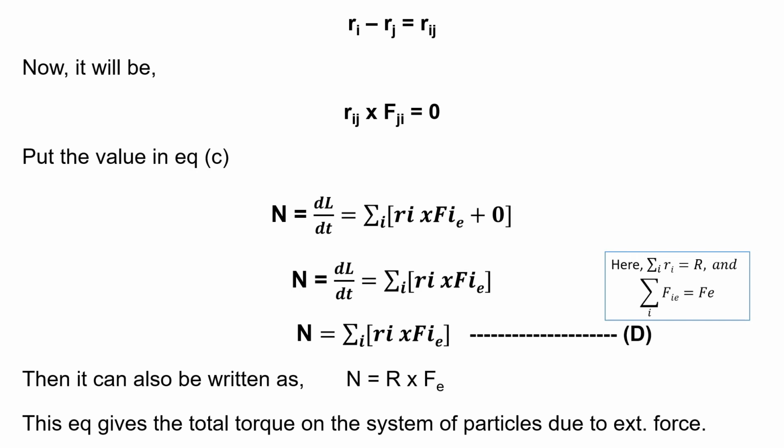So that can be written as capital N is equal to R cross Fe, and here torque is represented as capital N, and we know that torque is equal to r cross F. r is the position vector and F is the force. So here for the system of particles, the equation for the torque, capital N is equal to R cross Fe, gives the total torque of the system of particles due to the external force. So here also we can see that there is no effect of the internal forces in the system.